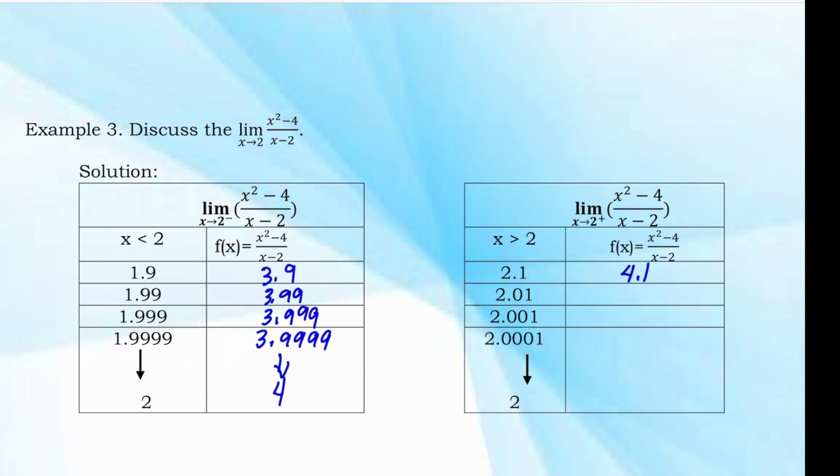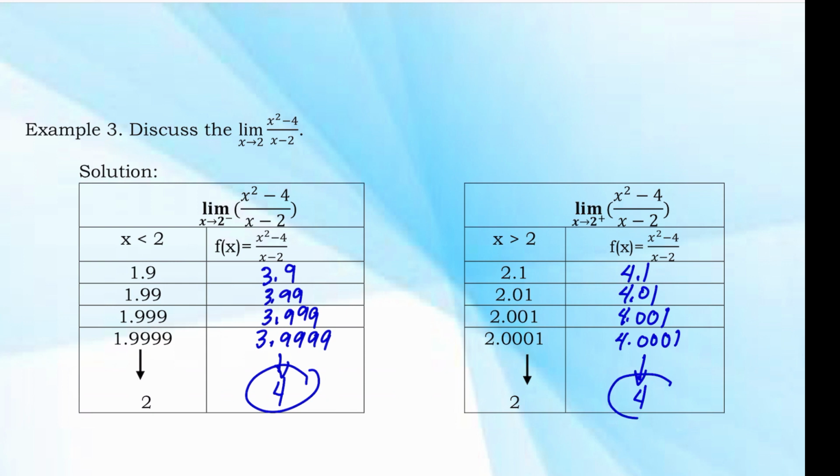Next, 2.01, the function is 4.01. 2.001, the function will become 4.001. Using 2.0001, substitute on x, that will become 4.0001. As we can see, as x approaches 2, the value of the function approaches 4.